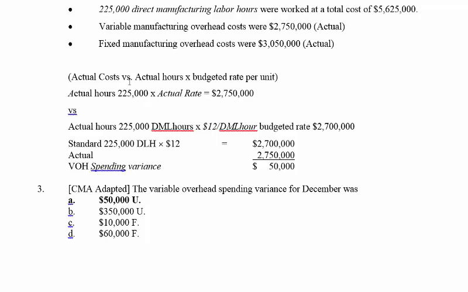Now, this needs to be compared to our actual hours times our budgeted rate per unit. Alright, so again, we're still using actual hours of 225,000, and we're going to multiply that times our budgeted rate.